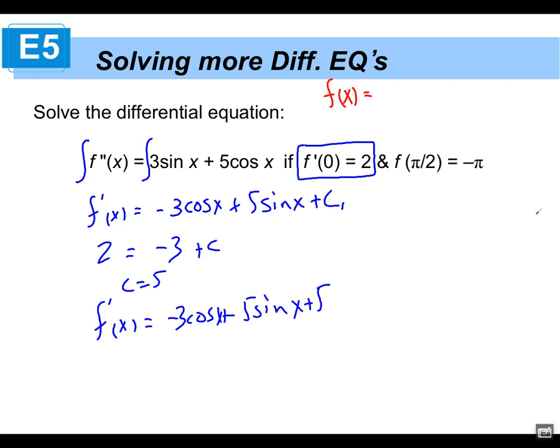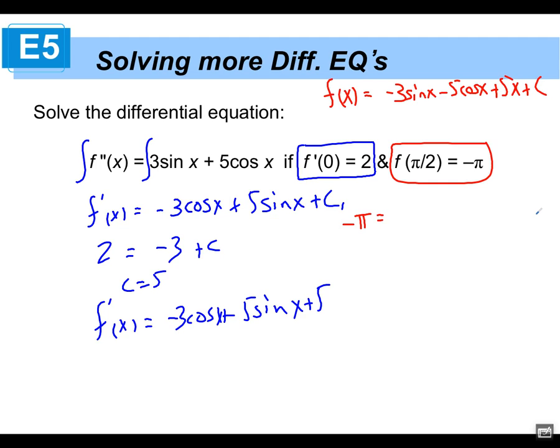Minus 3 sine x minus 5 cosine x plus 5x plus c. There's f of x. Almost home. Second chunk of information is this business.